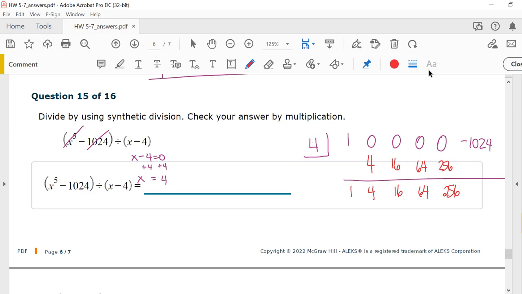And one more time, 256 times 4 is 1,024. Negative 1,024 plus 1,024 is 0. My remainder is 0 again.